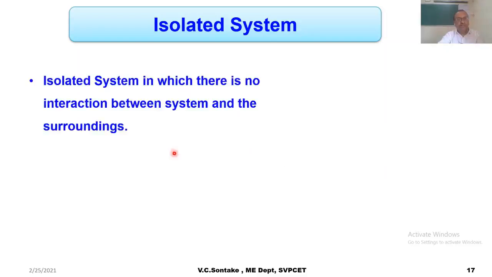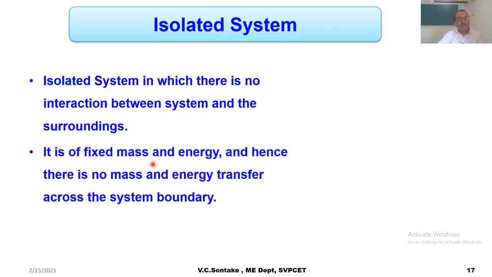Isolated system. An isolated system is one in which there is no interaction between the system and the surroundings with reference to mass and energy. It is of fixed mass and energy and hence there is no mass and energy transfer across the system boundary.